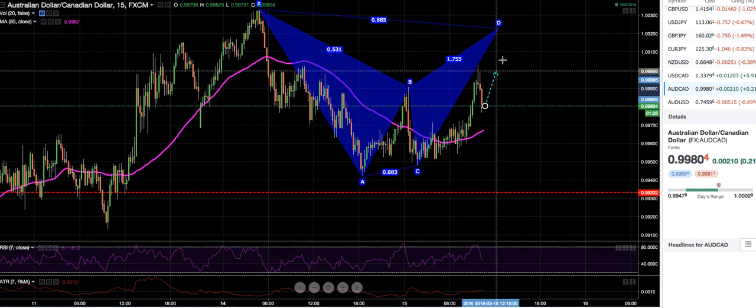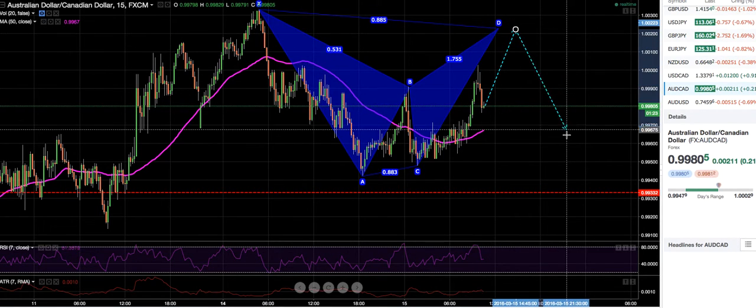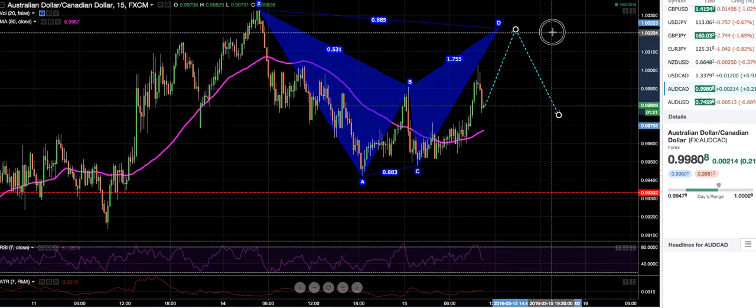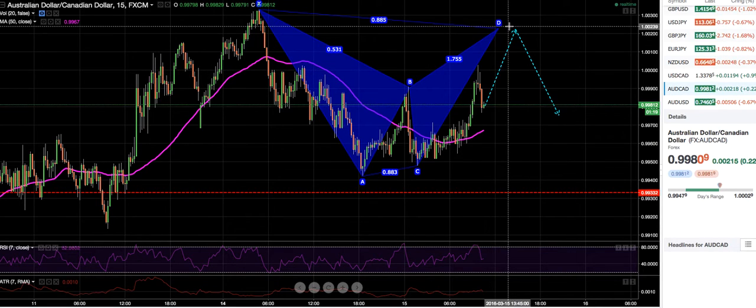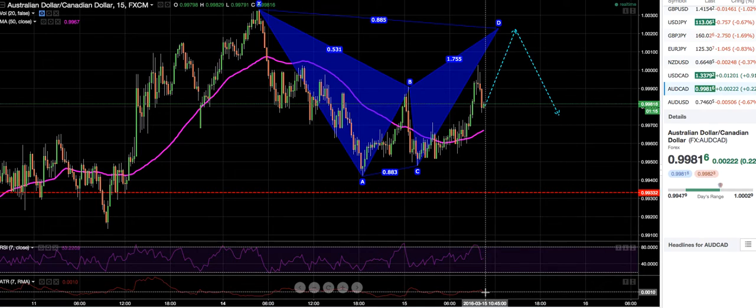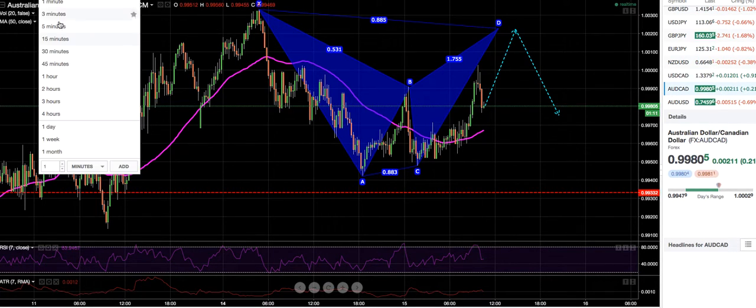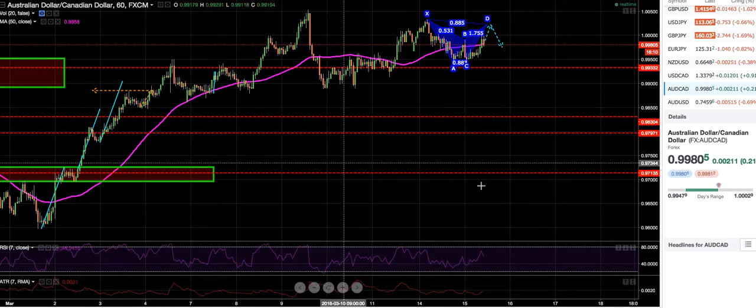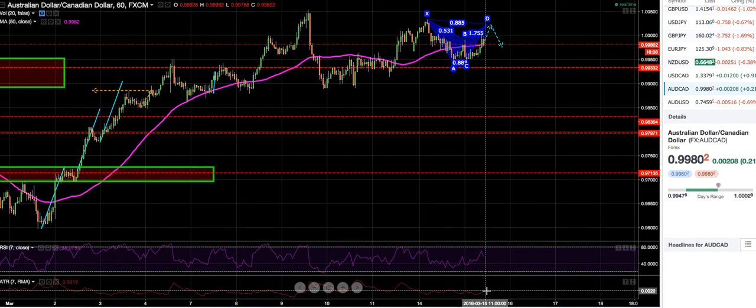So this is basically what we're looking for. Push up and an entry on the bat pattern. And the ATR on the Aussie cat is relatively nice, in the 15 minutes.